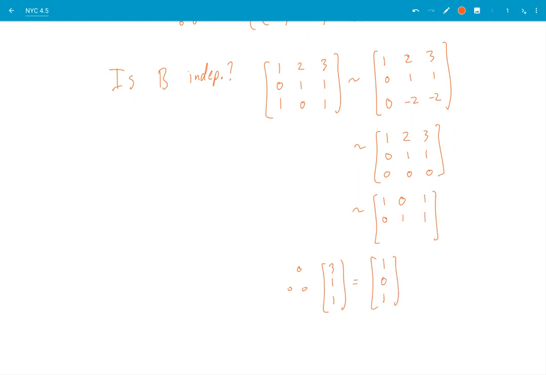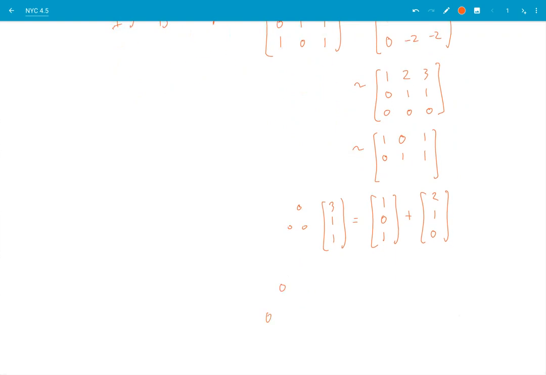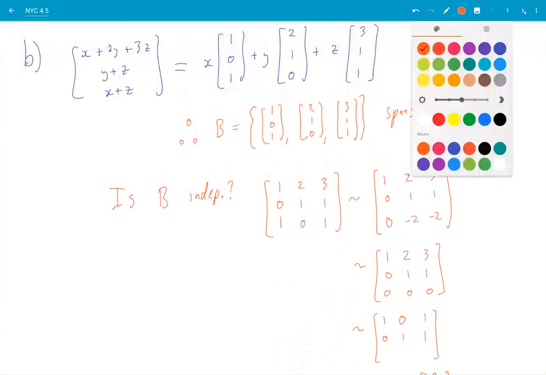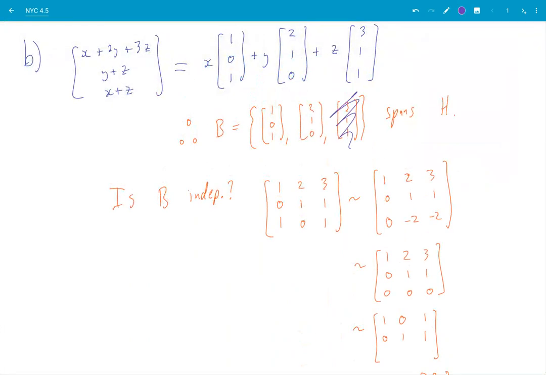Maybe you saw that from the beginning, which is okay. You can save yourself some time. So, as we saw before, the third vector here is a linear combination of the other two. So I can remove it. I can just scratch this out, and this statement here will still be true.